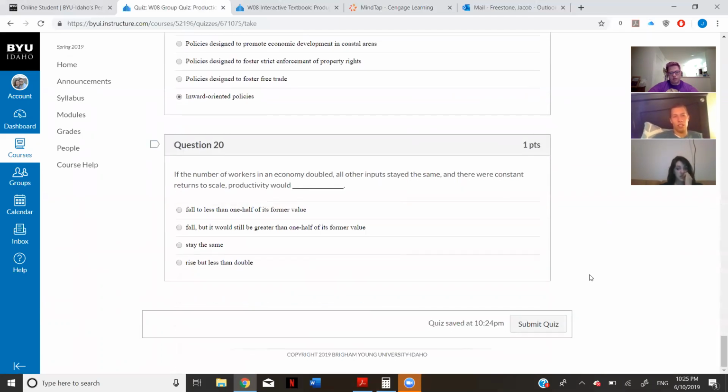Last one, number 20. If the number of workers in an economy doubled, all other inputs stayed the same, with constant returns to scale, productivity would... So I think it was either A or B, right?